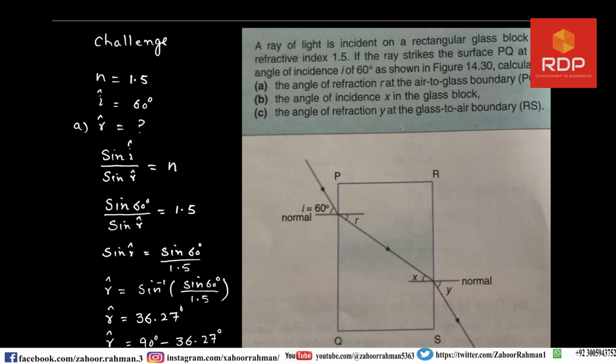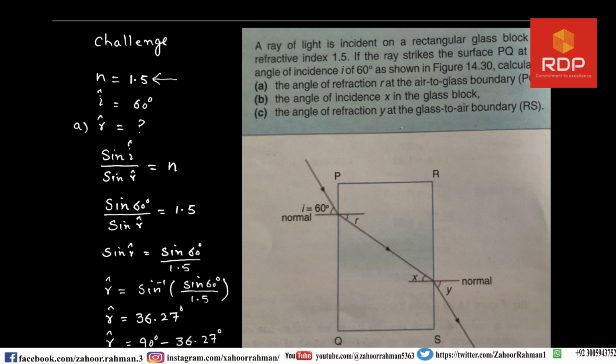So I wrote this here, n is equal to 1.5. If the ray strikes the surface PQ, which is given here, at an angle of incidence of 60 degrees, it is also shown here that the angle of incidence is 60 degrees as shown in the figure.